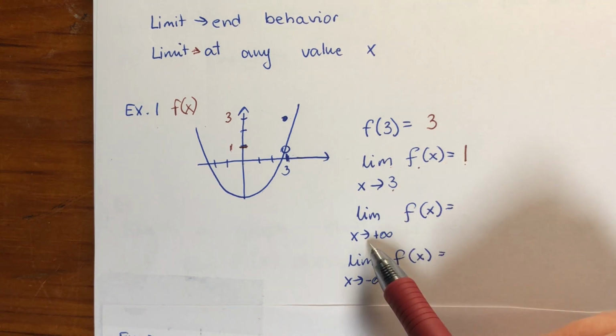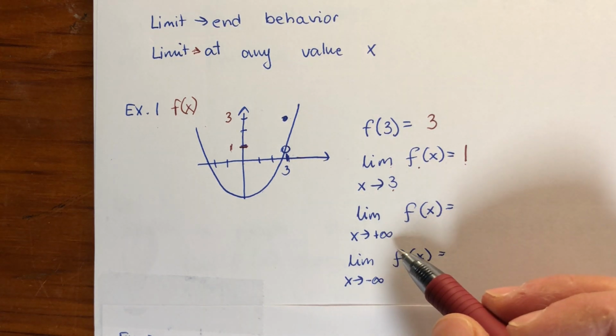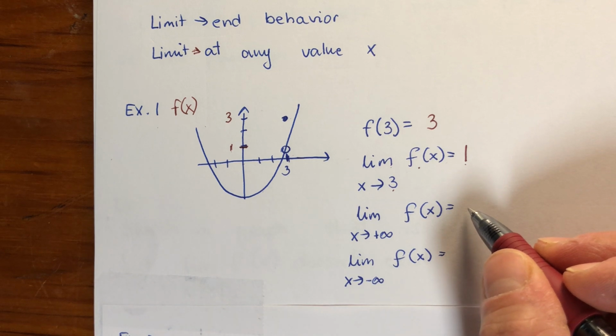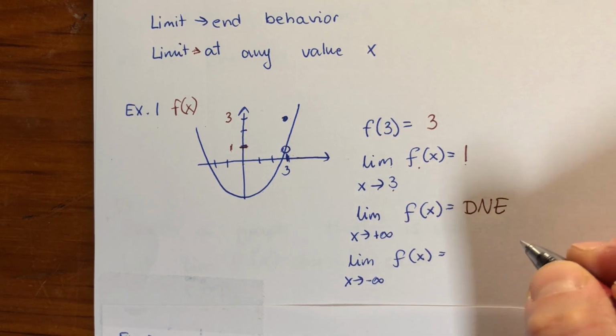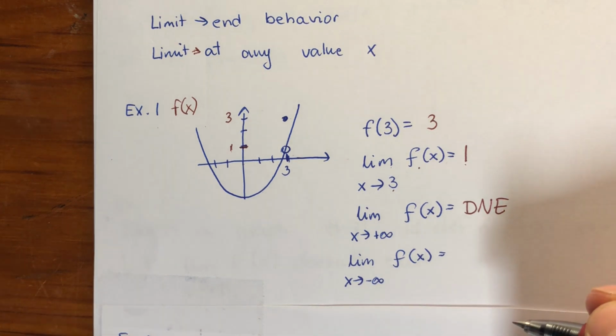What is happening as x is approaching positive infinity? So limit as x is going towards positive infinity, what can we say about that? As x is going to positive infinity, we are going to say that this does not exist, because we do not have any y value that it is going to go towards.